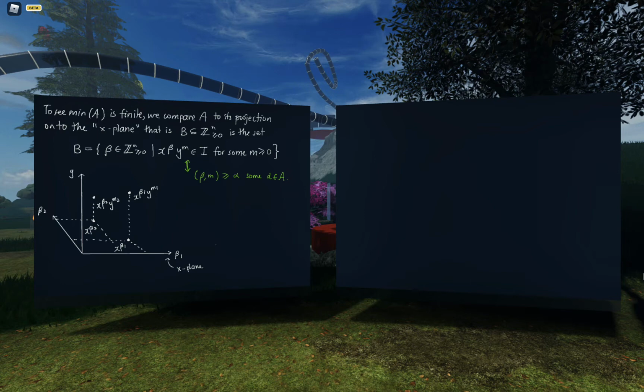Just to be sure, the beta 1 and beta 2 are unrelated to the beta 1 and beta 2 that appear on the axis. Oh yeah, thank you. They're meant to be special cases of those, but I think it's better to just get rid of them. Yeah, thanks.